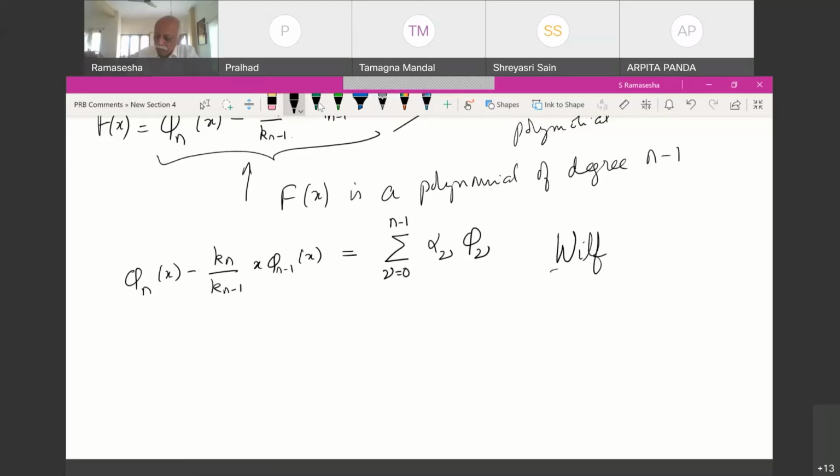Yes, sir, it's available, but I've got a Wilf, which is for physical sciences, but you had suggested mathematics for engineers and physicists.